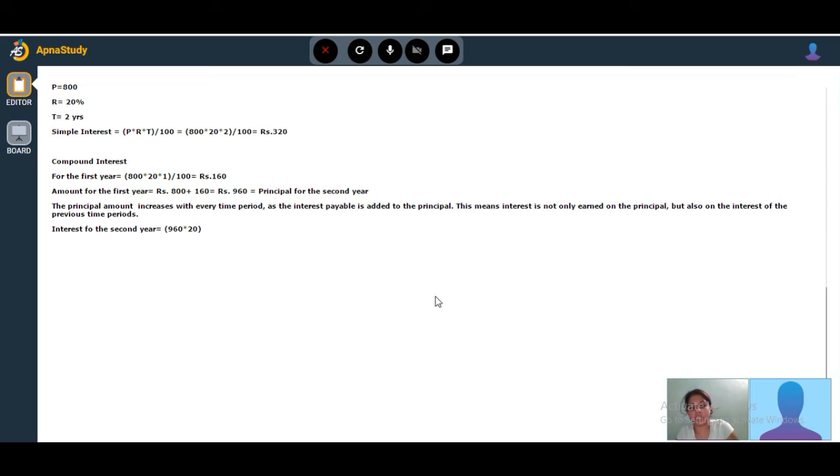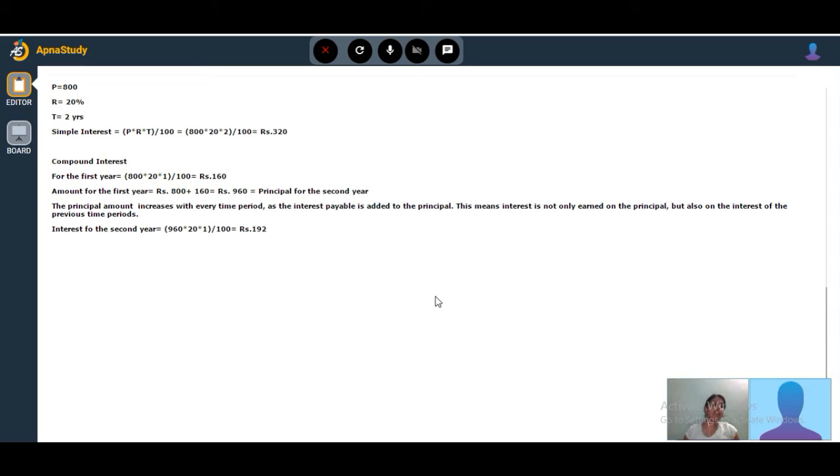And as we are calculating this for only 1 year, the time period will obviously be 1 by 100. So the answer comes out to be 192.